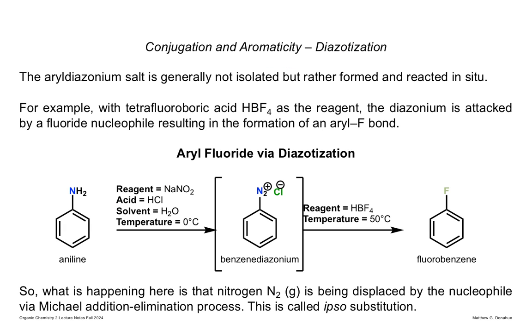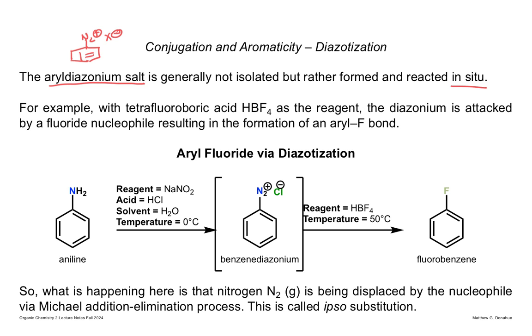The aryl diazonium salt, again, has this form: N2 plus and then X minus, and X is dependent on whatever acid you're using with the sodium nitrite. It's not isolated, which means you're running the reaction in situ.